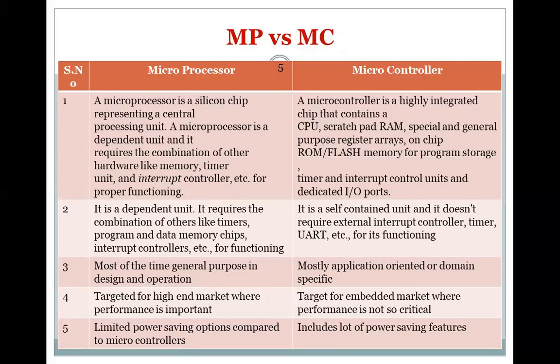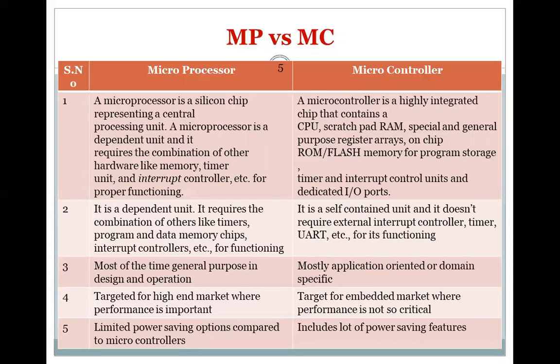Whereas a microcontroller is a highly integrated chip that contains the CPU, scratchpad RAM, special and general purpose register arrays on the chip itself, along with ROM, flash memory, which are required for program storage, as well as timer, interrupt controller units, and dedicated I/O ports. All these come within the chip itself, that is the microcontroller.